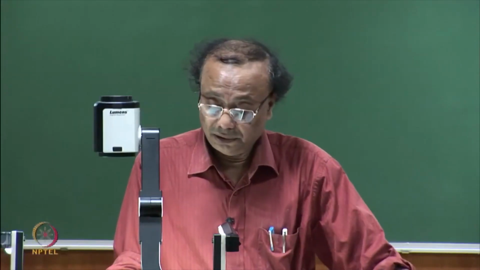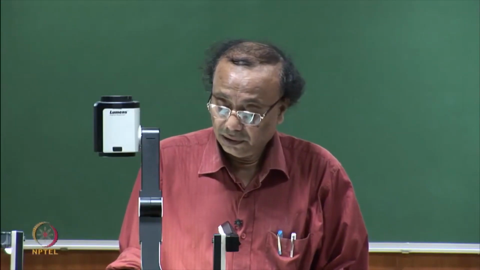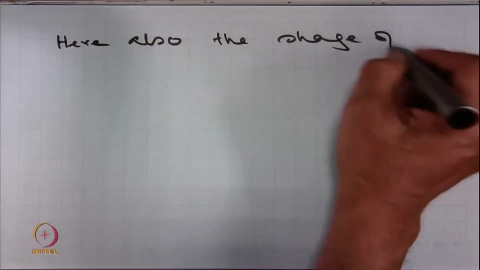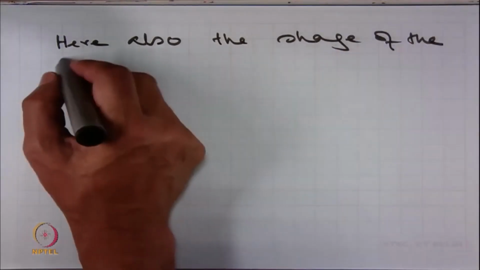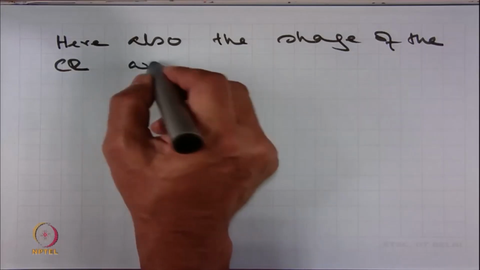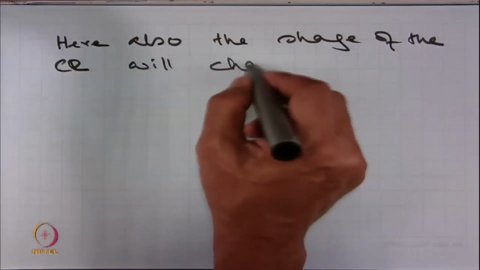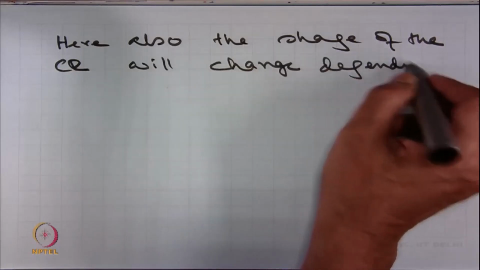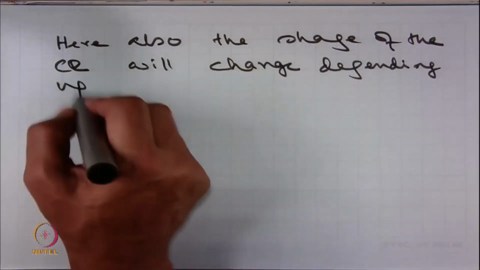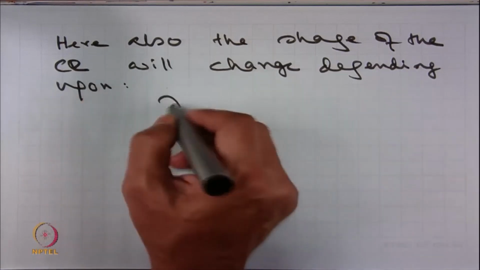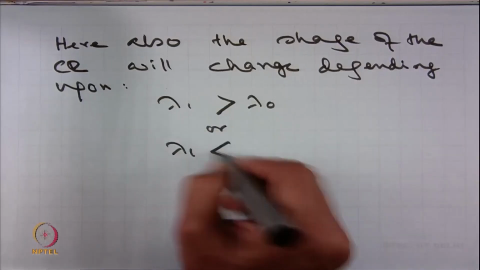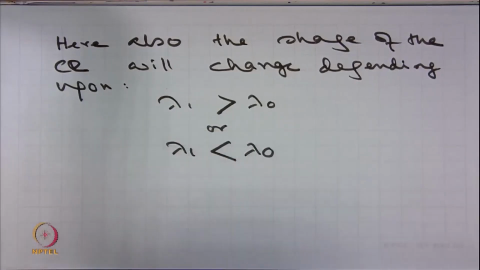Here also the shape of the critical region will change depending upon lambda 1 is greater than lambda 0 or lambda 1 is less than lambda 0.